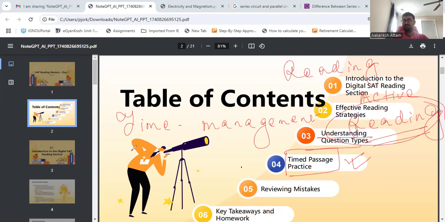You're trying to go through the passage literally. When it comes to active reading, it means that you are trying to discover the key message hidden inside the text. You're trying to identify the tone and context. So that's the difference between reading and active reading.